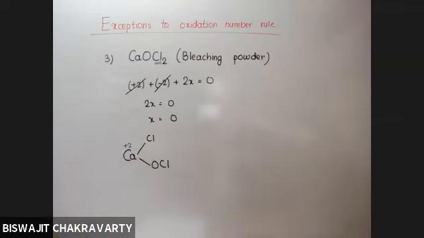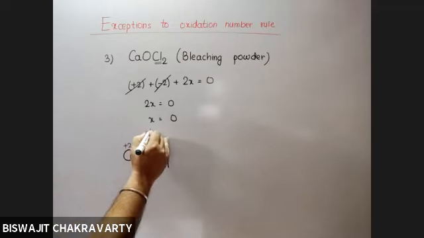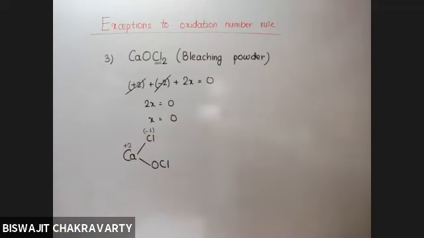In general, calcium is always plus 2 in combined state. And chlorine, when present alone, will be minus 1 because it's a halogen, and it always has the tendency of accepting 1 electron. It is 2, 8, 7. So chlorine is minus 1.